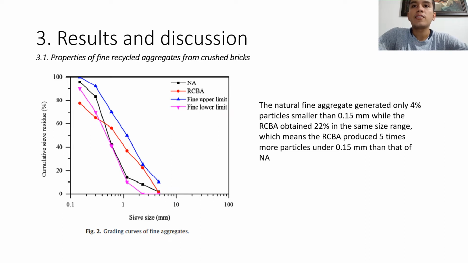The natural fine aggregate generated only 4% particles smaller than 0.15 millimeters, while the RCBA obtained 22.8% in the same size range, which means the RCBA produced 5 times more particles under 0.15 millimeters than NA.